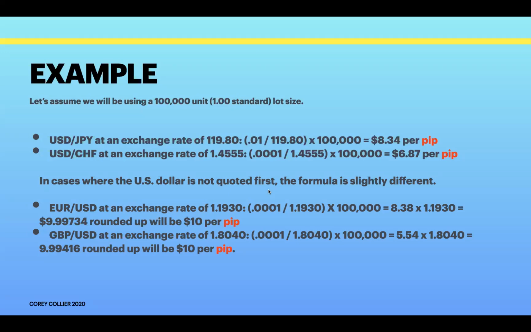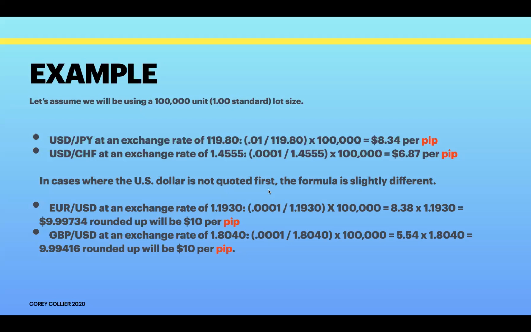In cases where the United States dollar is not quoted first, this formula is just slightly different. So if you were to buy the Euro USD at an exchange rate of 1.1930, a 1 pip move on that one is equal to 8.34 times the 1.1930, which is the exchange rate for the dollar.